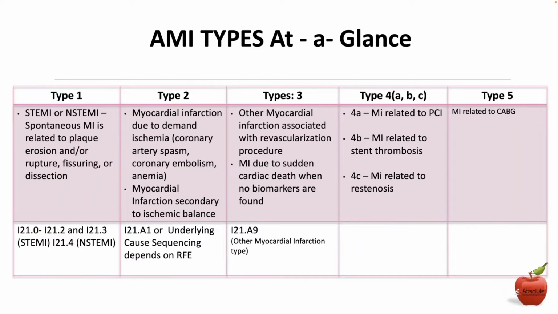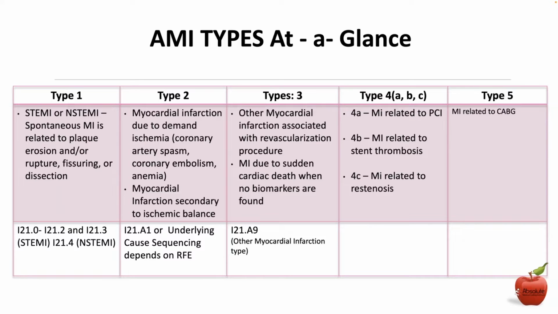Well, there are two main types, and then you have types 3, 4, and 5. Your type 1 are your STEMI or your non-STEMI, so that's the ST segment being elevated or depressed. Type 2 are myocardial infarctions due to demand ischemia, coronary artery spasms, anemia, embolism, and myocardial infarctions secondary to ischemic imbalance.